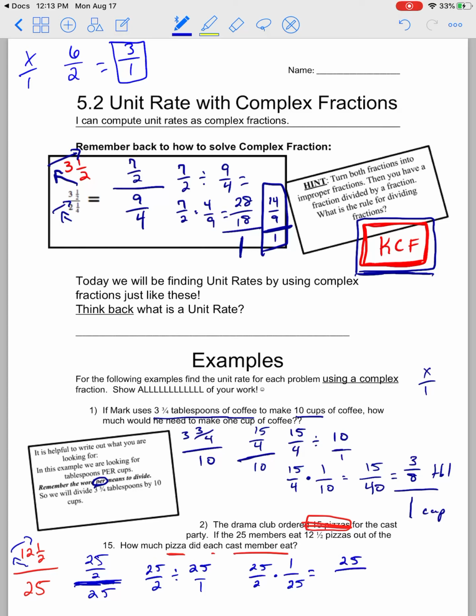So you've got 25 times 1 is 25. 2 times 25 is 50. We can simplify that to 1/2. And our unit rate is 1/2 to 1, or 1/2 pizza to 1 cast member. And that's your unit rate.